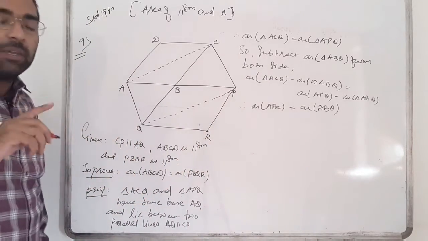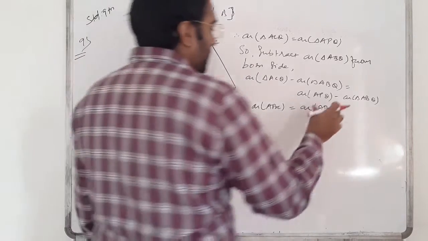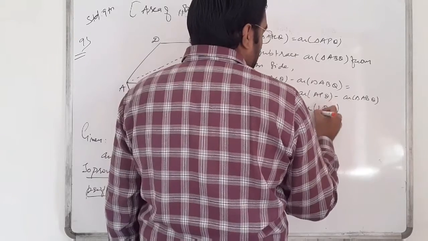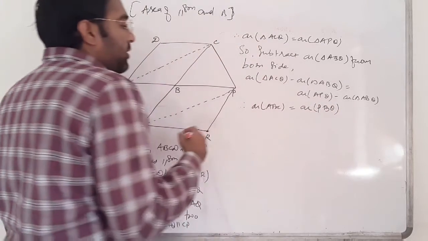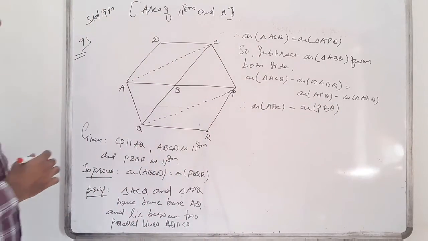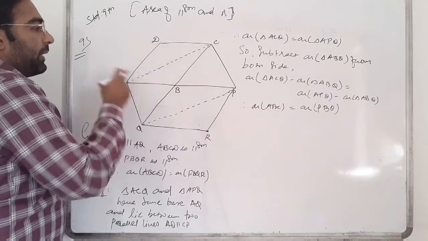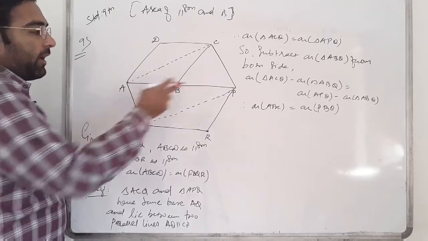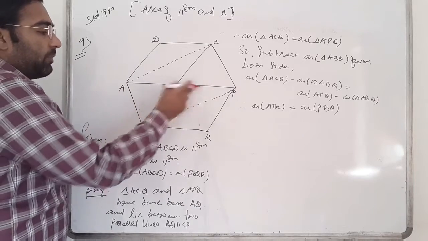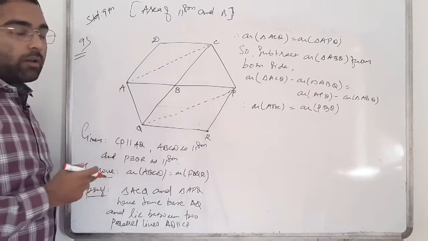Sorry, it's PBQ, not ABQ, my mistake. Now ABC is part of parallelogram ABCD, and PBQ is part of parallelogram PBQR.